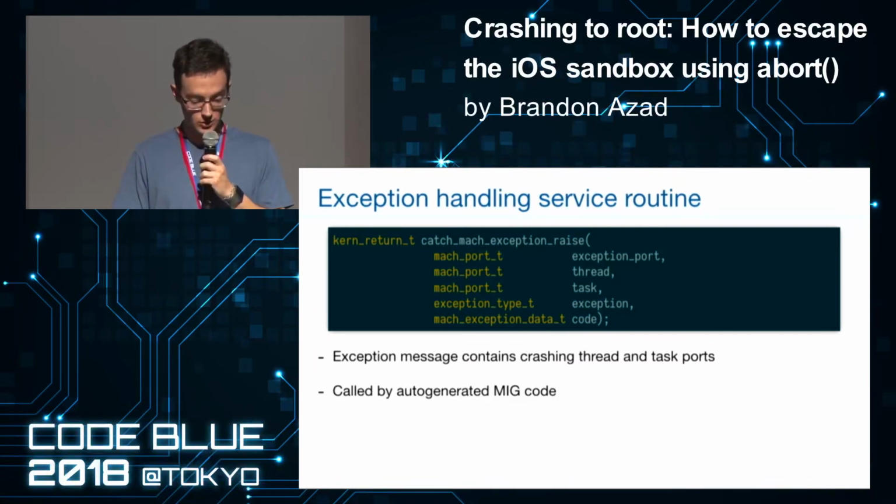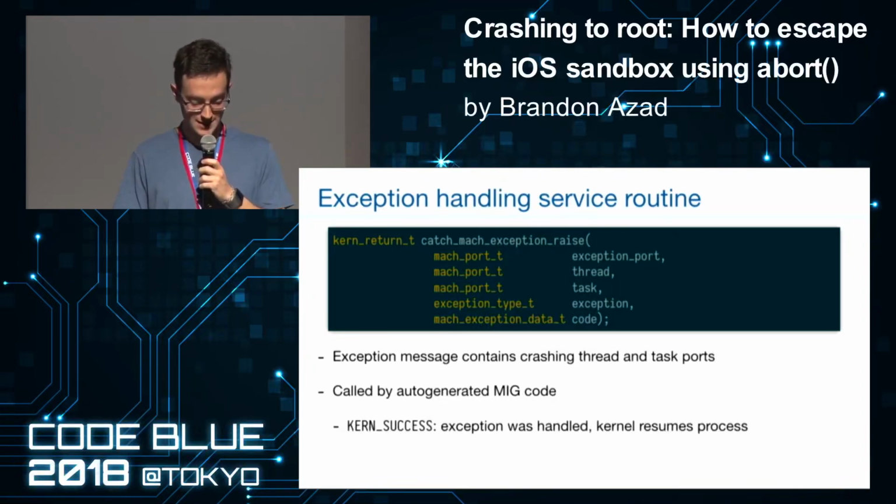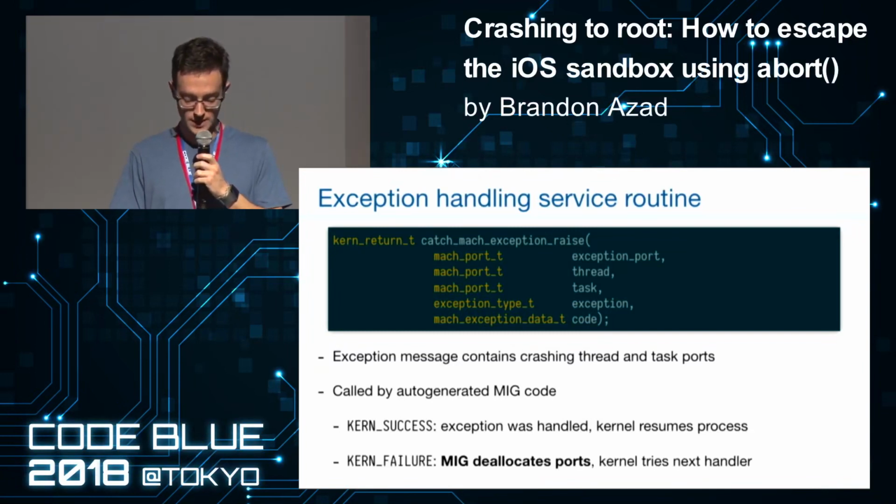The details of MIG aren't that important. What is important is that because this function is called by MIG, there are some very important semantics around the return value. If this function returns success, then the MIG code that called this function will tell the kernel that the exception was handled and that the crashing process should be resumed. If this function returns failure, however, then the MIG code will deallocate the thread and task ports sent in the message, and then tell the kernel to try the next exception handler. These semantics are critical.